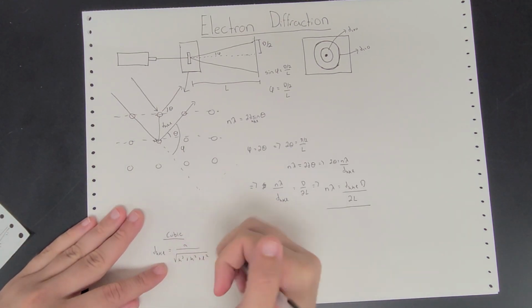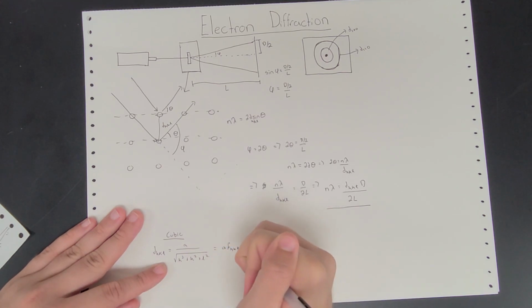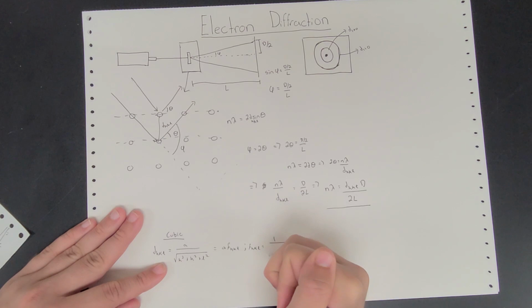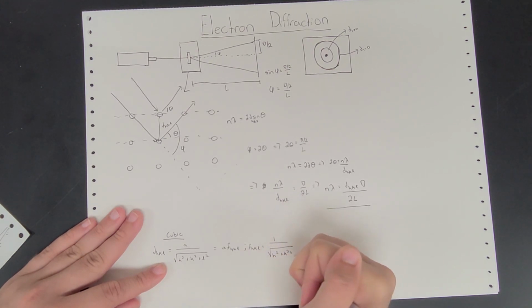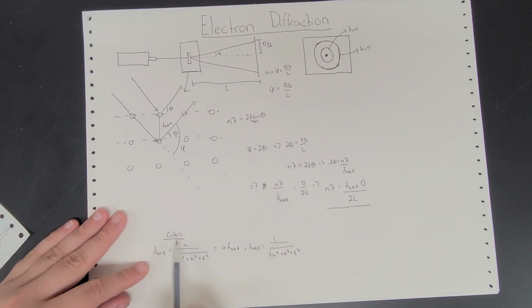We can simplify this further. We will just say that it's a times what we'll call FHKL, where FHKL is just equal to 1 over the square root of h squared plus k squared plus L squared. So this is for the cubic case.